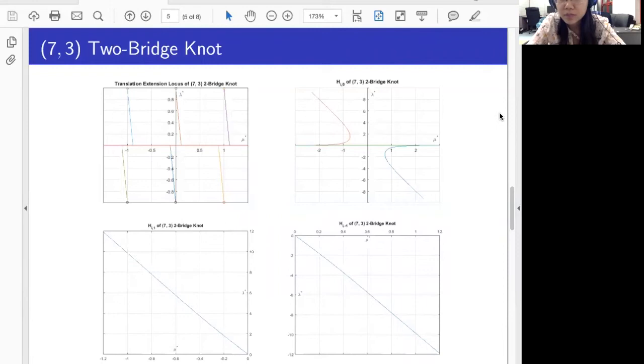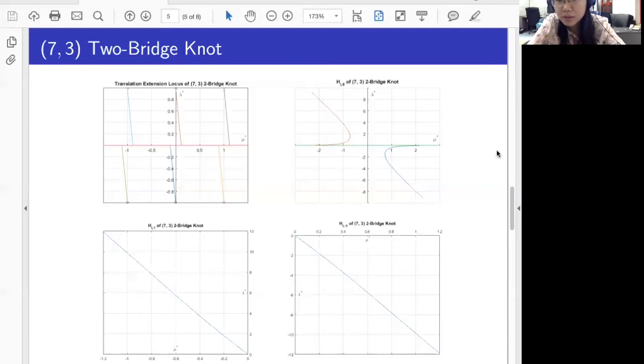The top right picture is h_i0 of the holonomic extension locus of the 7_3 two-bridge knot. These two curves belong to the holonomic extension locus, and they continue to infinity.